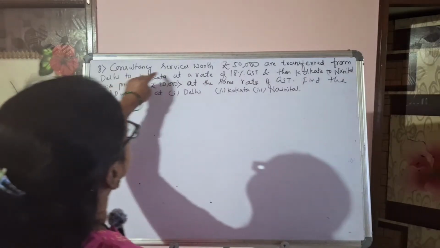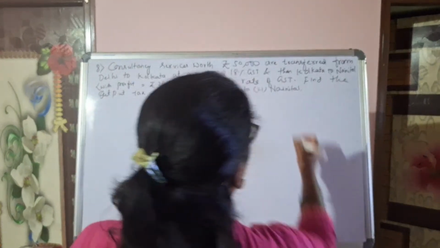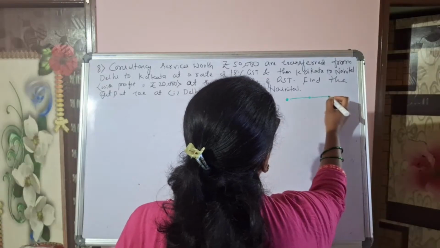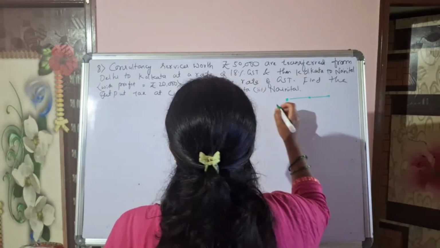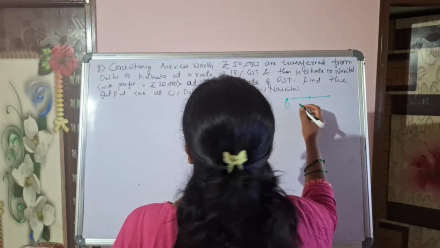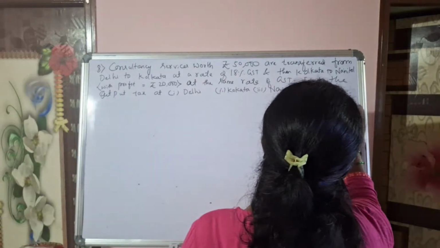See, here consultancy services worth rupees 50,000. So there are two consultancy services transfers. One is from Delhi to Kolkata and Kolkata to Nainital.